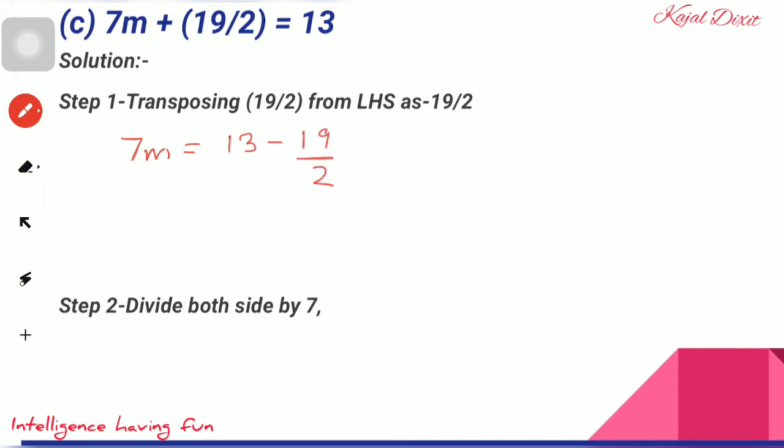On taking the denominator same, we will get 60 minus 19 upon 2, and that will be equal to 41 by 2. The equation after the first step is 7m is equal to 41 by 2.